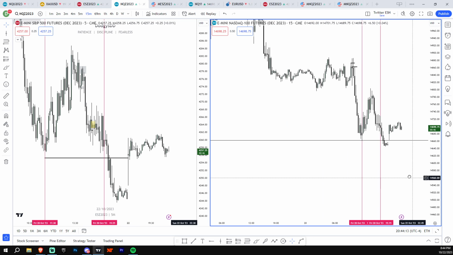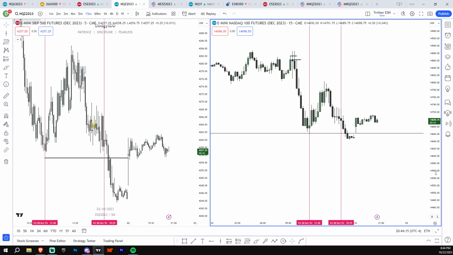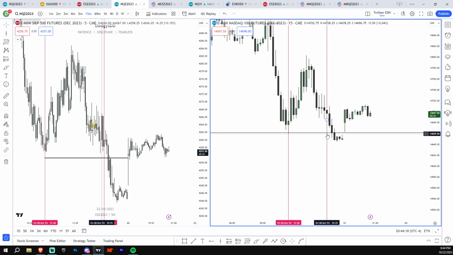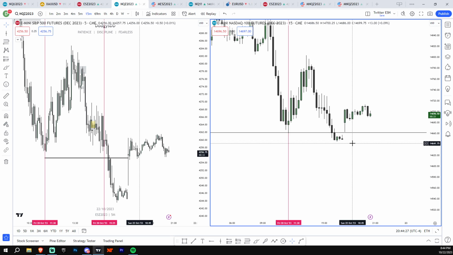Just because of those equal lows down here, I would not expect the bullish SMT here. I would expect NQ to hit this low of day, even though ES already did, just because of the higher time frame equal lows.